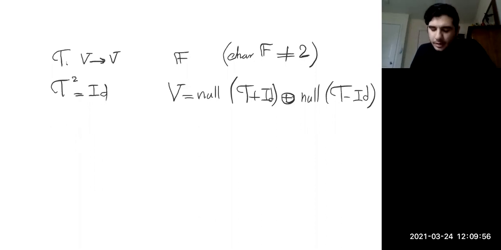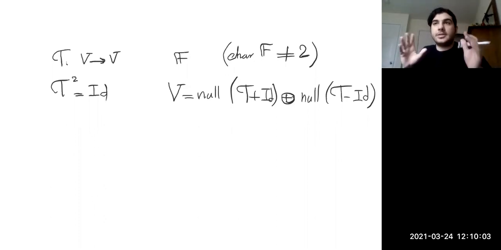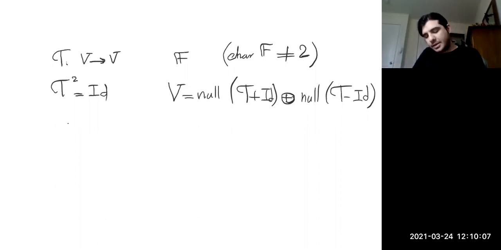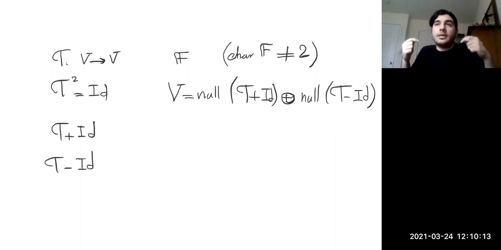Also for this question, I have a vector space and a linear map. If T is a linear map, T plus identity is another linear map, and T minus identity is another linear map. So their null spaces, or their kernels, are subspaces of V. And here I want to say I can write down this space as their sum.